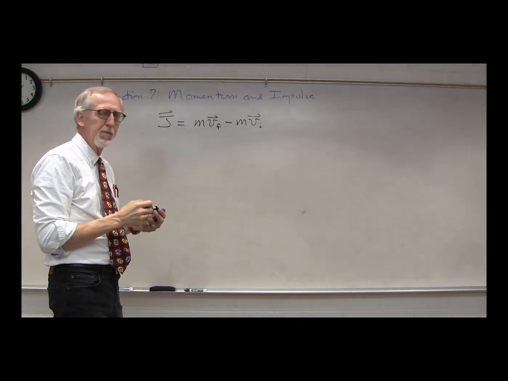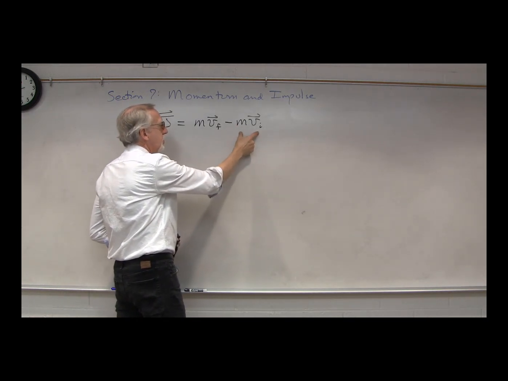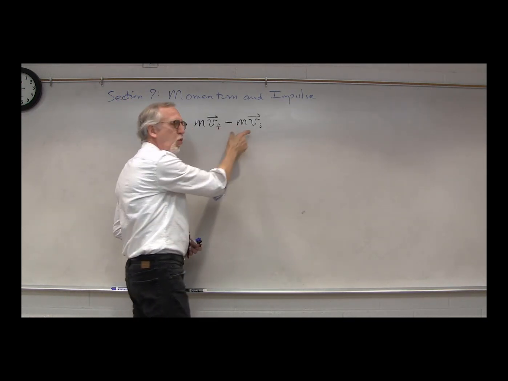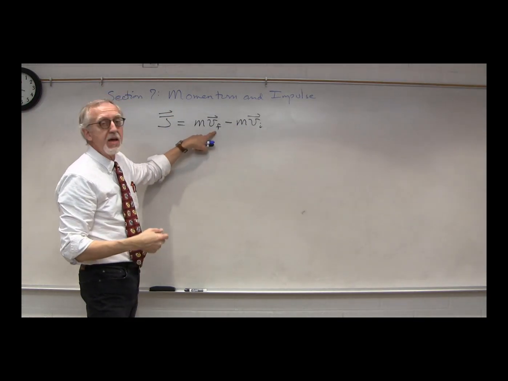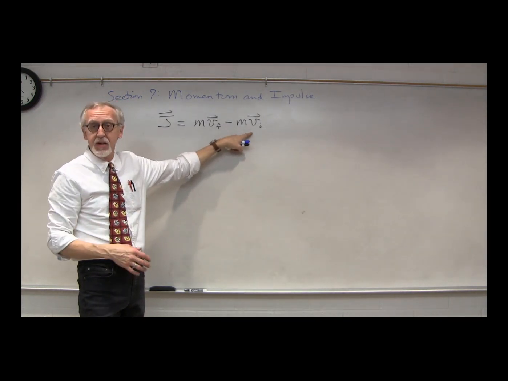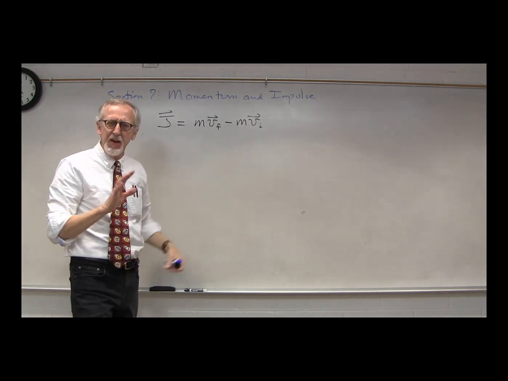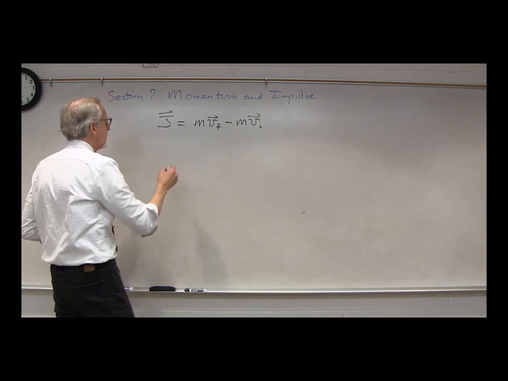Now, let's think about this for a second. We've got m v final, m v initial. We've got basically the same quantity here, m times v, but evaluated finally, and then minus that quantity evaluated initially. Well, this thing is a very, very important quantity, m times v.